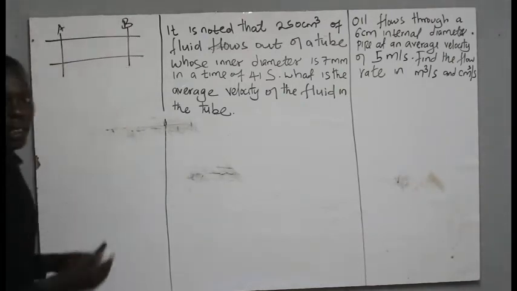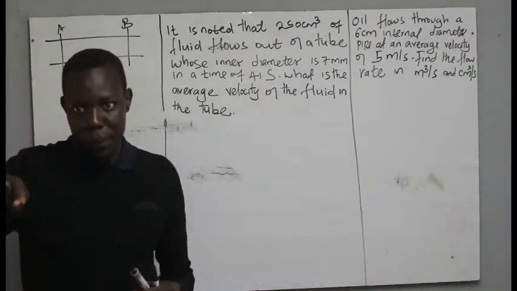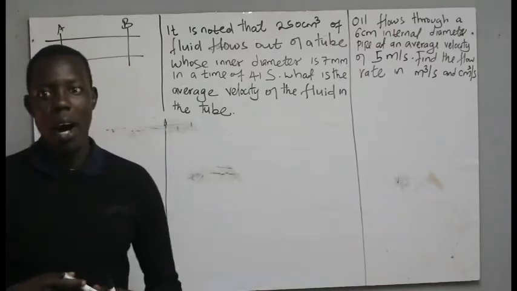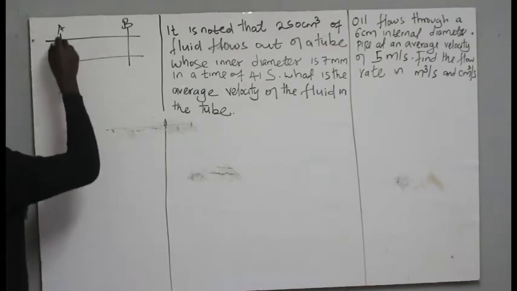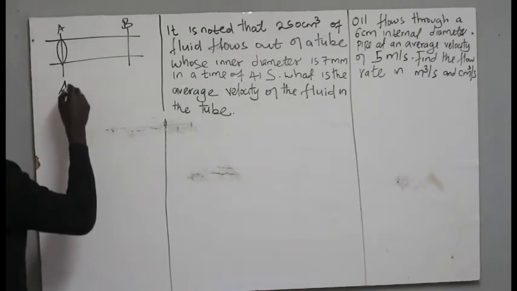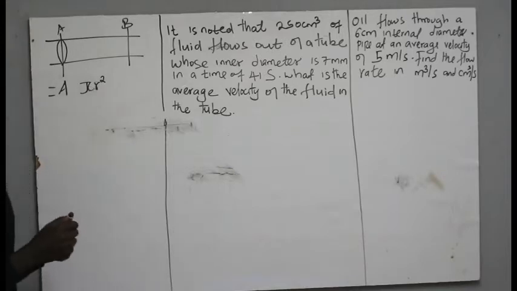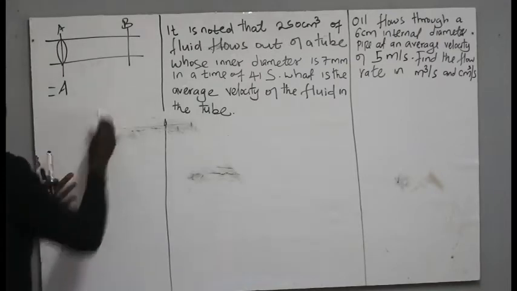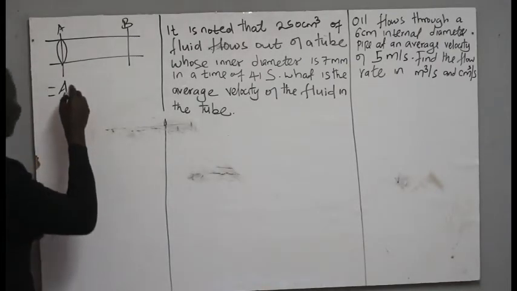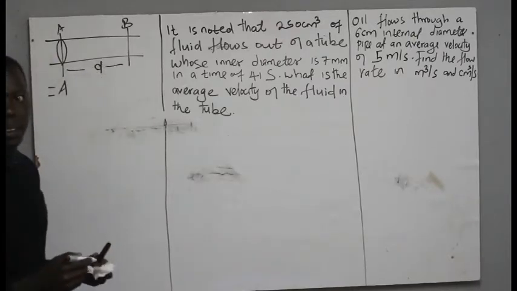Because a tube has a cylindrical shape, the volume of the fluid here is the cross-section area times this distance. Remember, A can be given by pi r square, so we just leave it as A. Now you multiply by this distance d, from here up to this part.